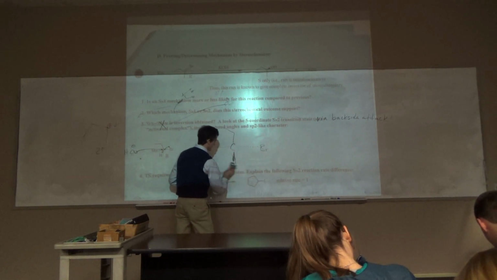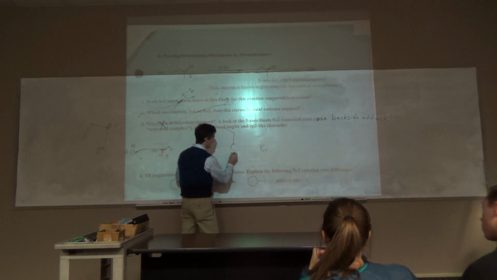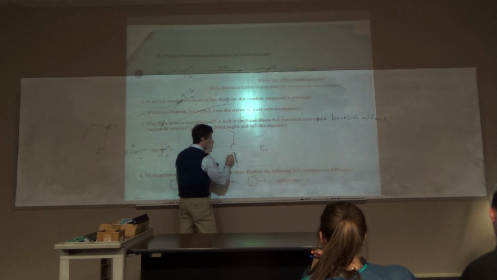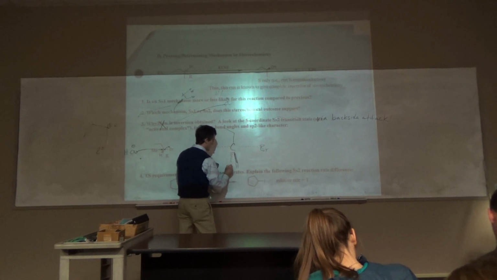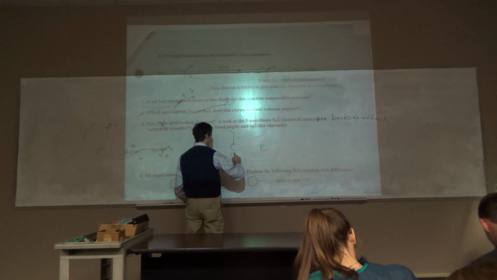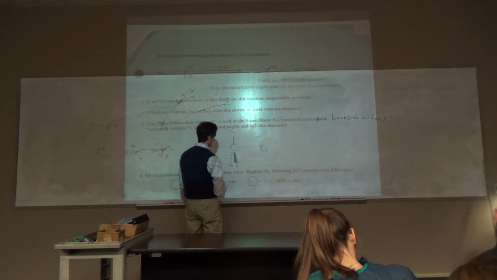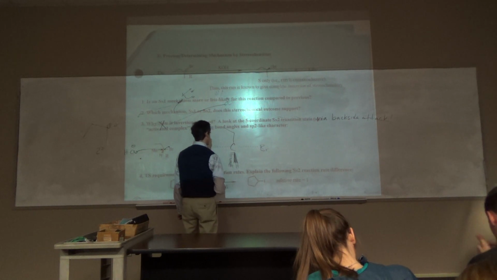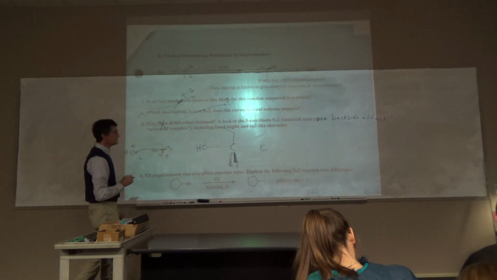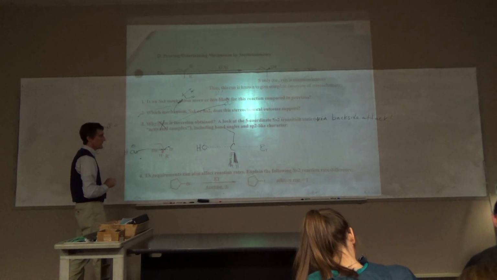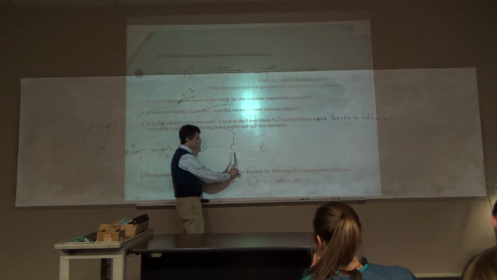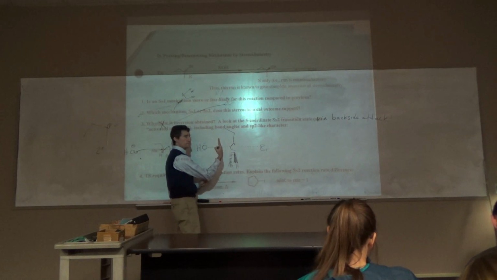I really need to move this a little bit. These are eclipsed. H is straight down, and the methyl, these two groups are supposed to be eclipsed, like this.